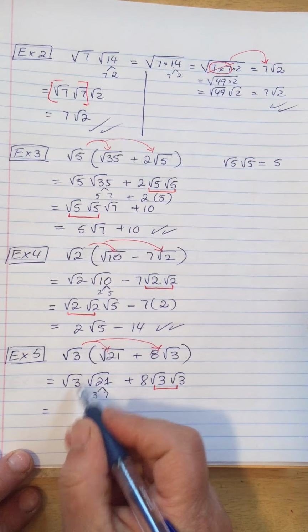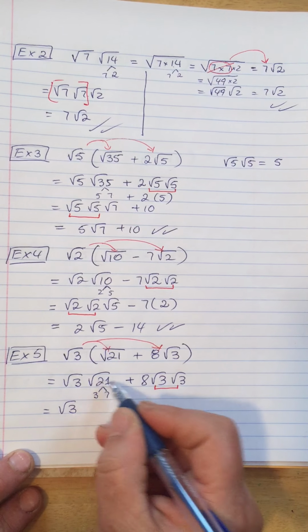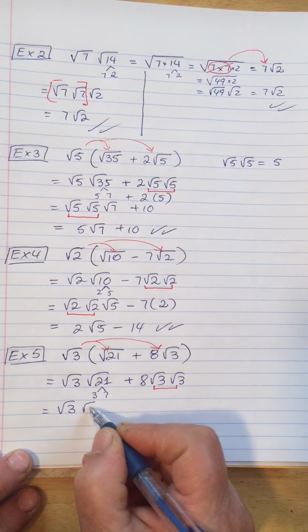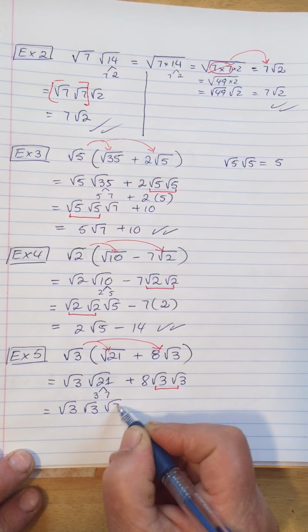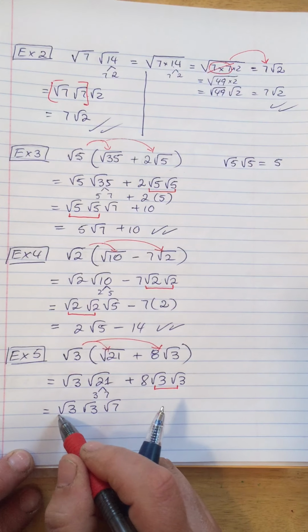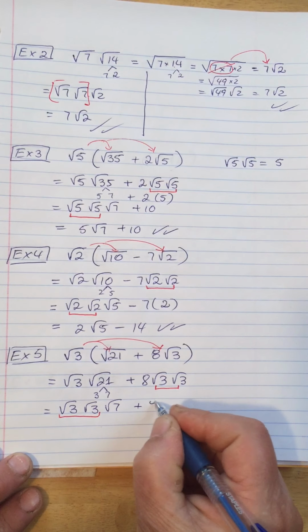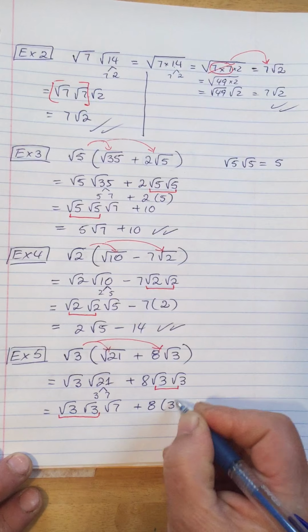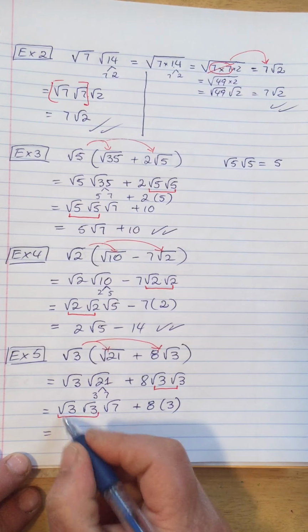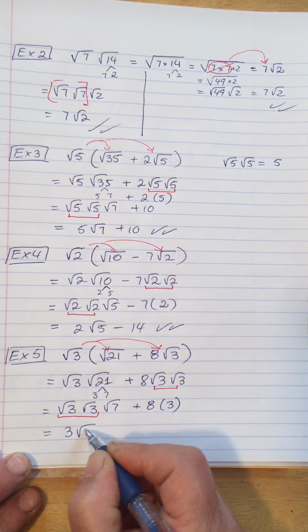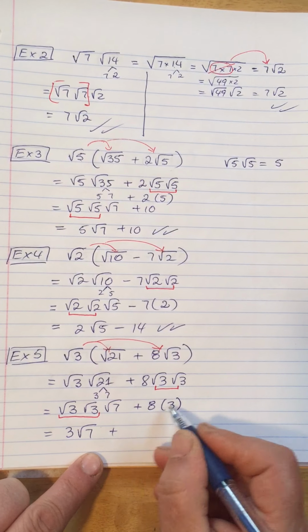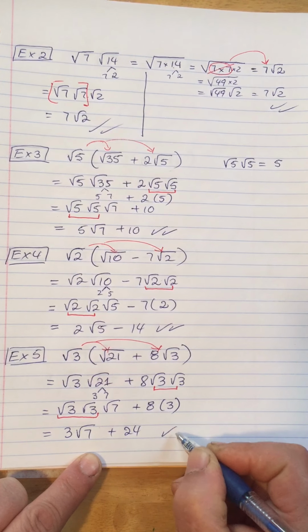Let me separate now. 21 as the square root of 3 times the square root of 7. Happy to see this number 3 here. Plus 8 times 3. And I have 3 square root of 7 plus 8 times 3, 24. Done.